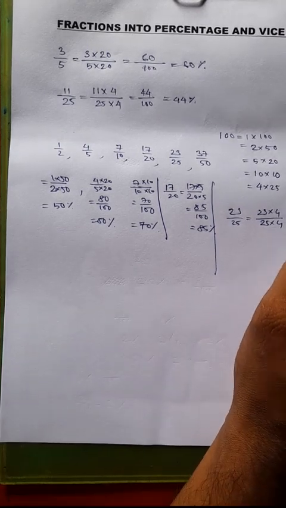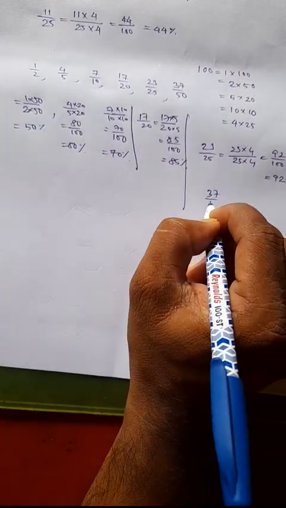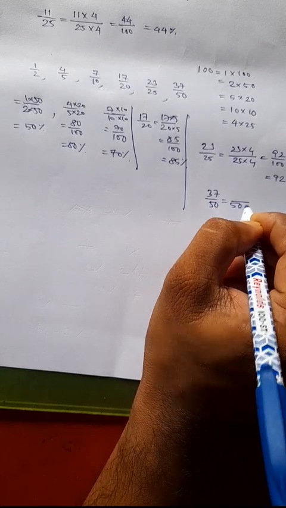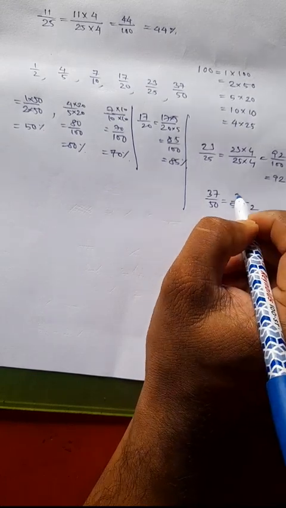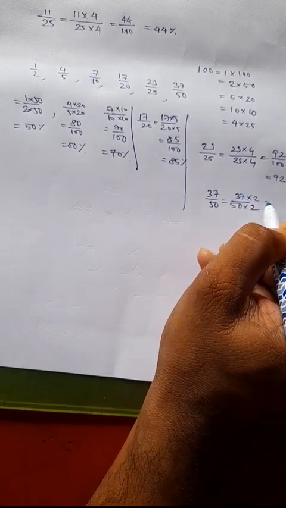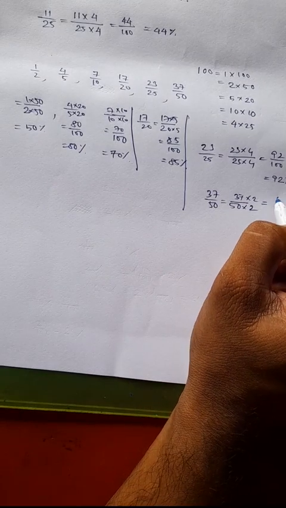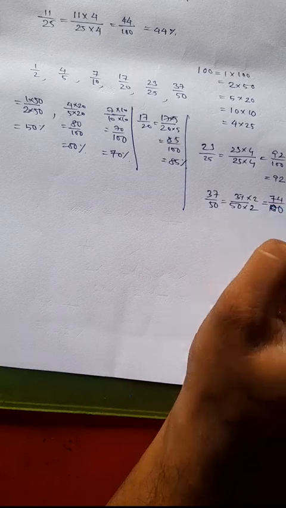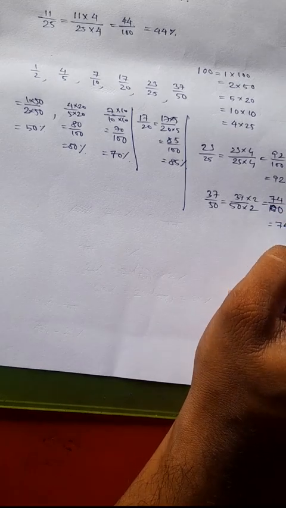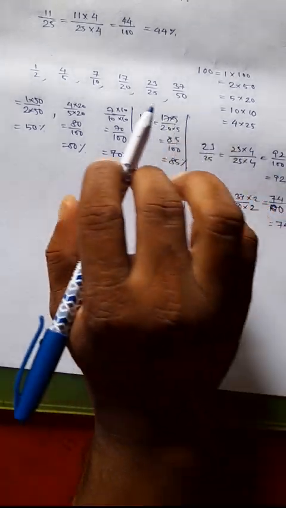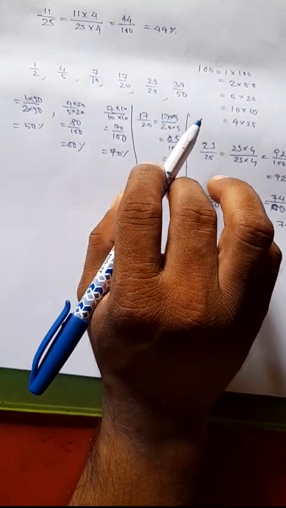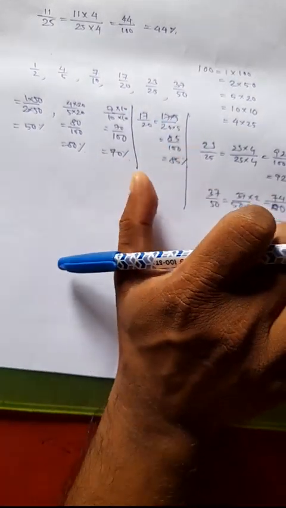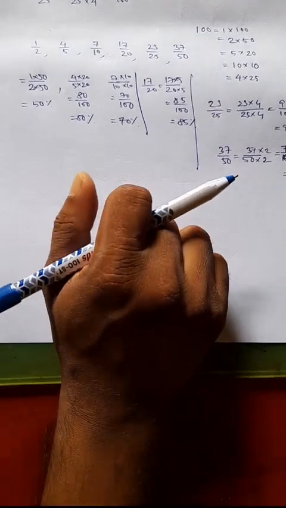That means 92%. 37 by 50, now 50 2s are 100, 37 2s are 74 by 100. So it is 74%. So when denominators are factors of 100, then you can convert them into percentage very easily.